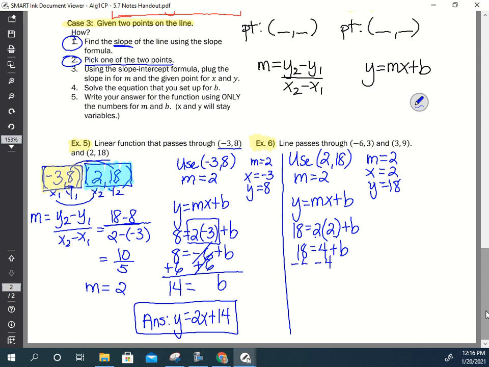You subtract 4 on both sides. b equals 14. So you get the exact same answer. It doesn't matter which one you pick, but you're gonna have to pick one.